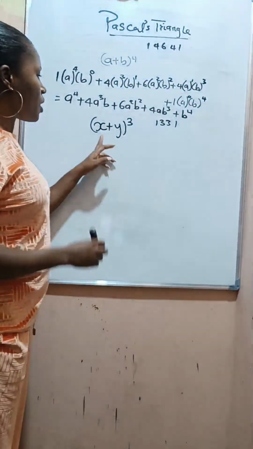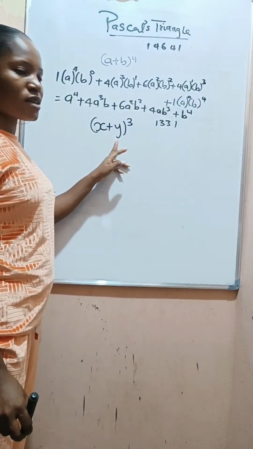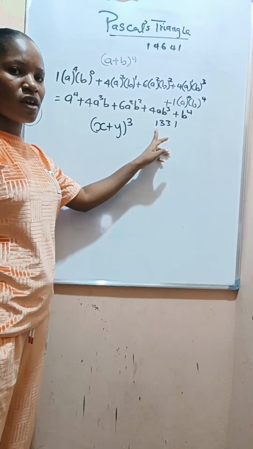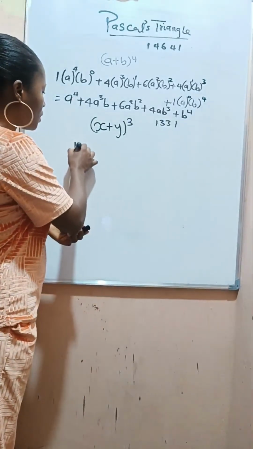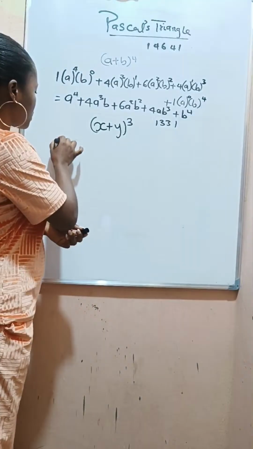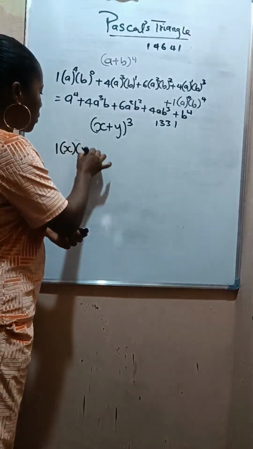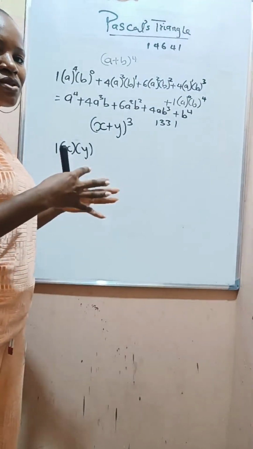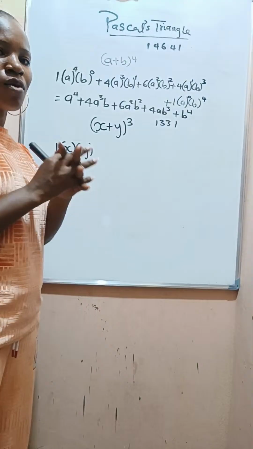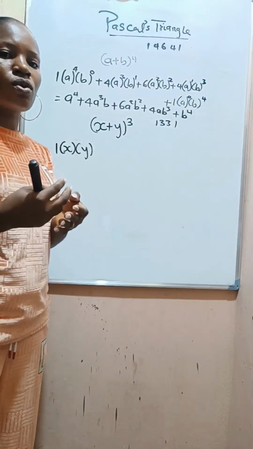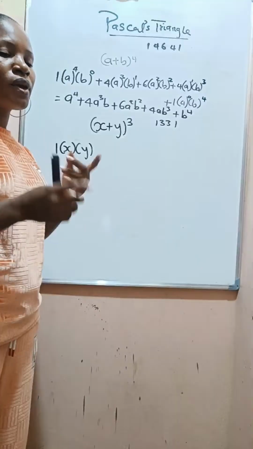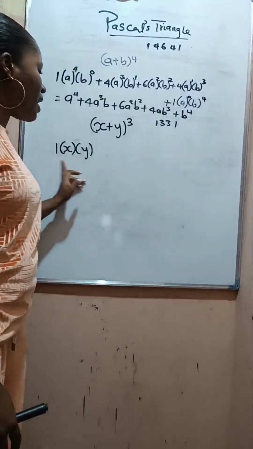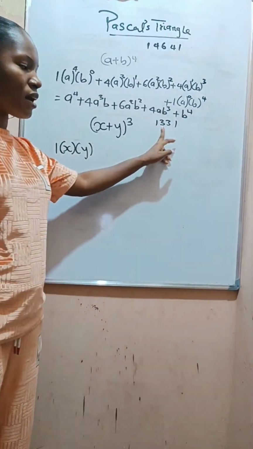Like I said, you are going to multiply whatever you have inside your bracket with the coefficient. So the first coefficient is 1, so it's going to be 1 multiplied by x and multiplied by y. Like I said, you will make mistakes if you try to do everything together. You can still do it your own way, but this is how I do mine. The first step is I multiply everything first, including my coefficient.